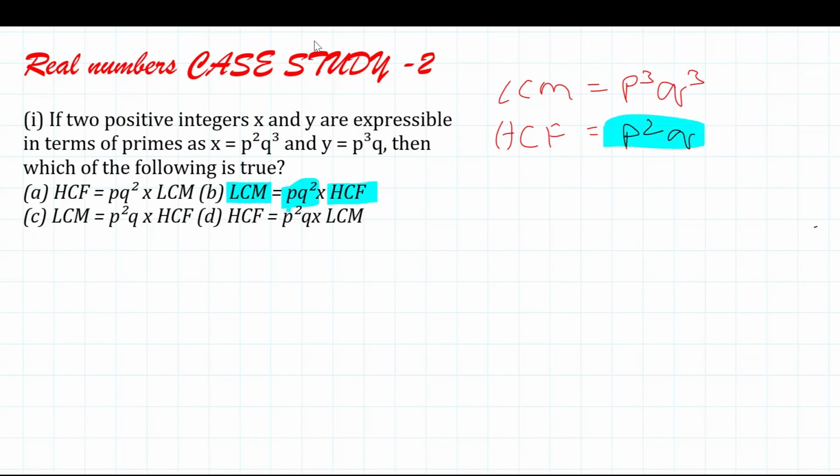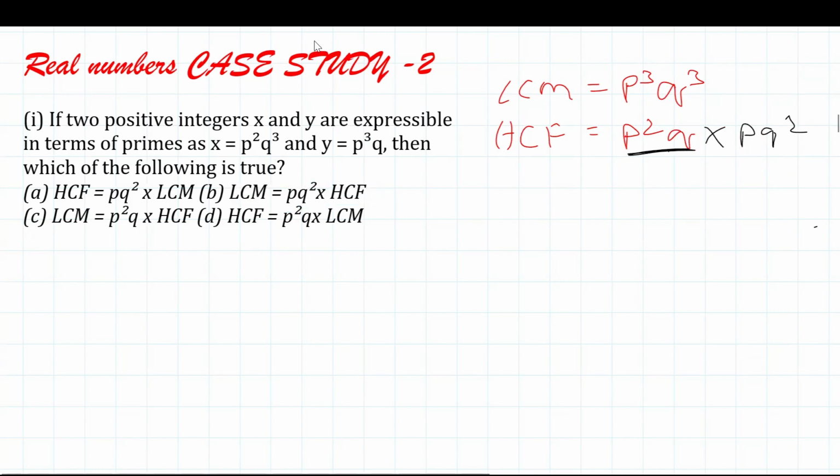This is our HCF. Multiplying pq squared with the HCF, it becomes p square into p, that is p cube, and q into q square, q cube. Yes, it is correct. So we'll say that it is option B.